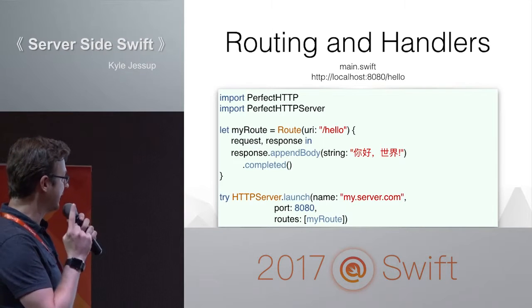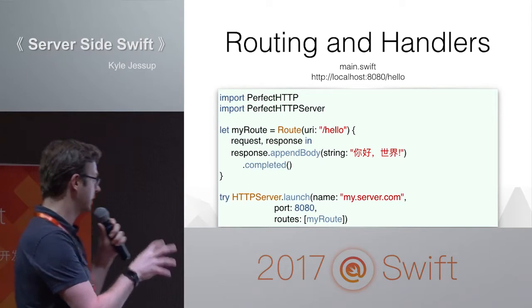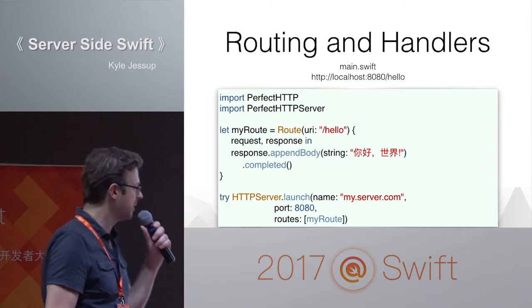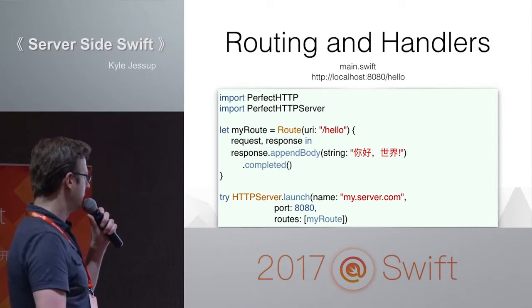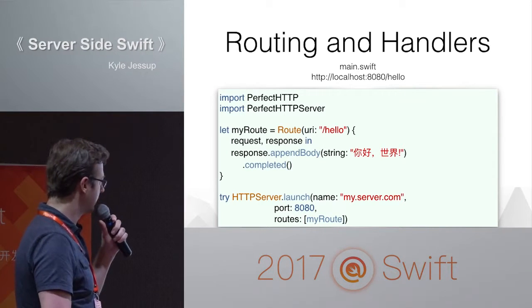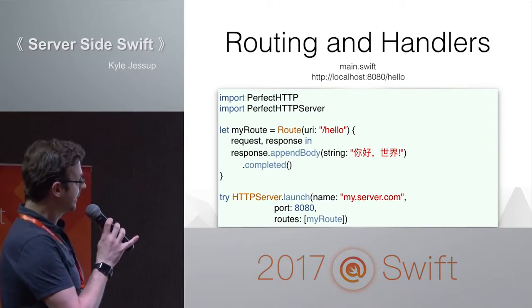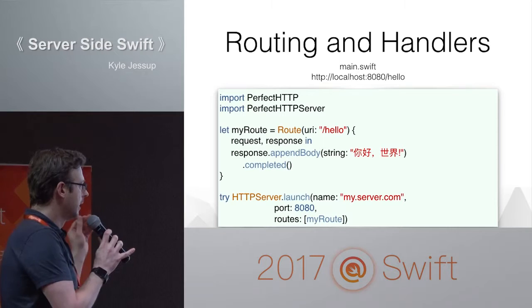I mentioned the HTTP methods before. You see that's not in here. This route is going to trigger for any HTTP method at all. So you can either be very specific or generic in how you want to handle these things. I also mentioned how we have an asynchronous core.